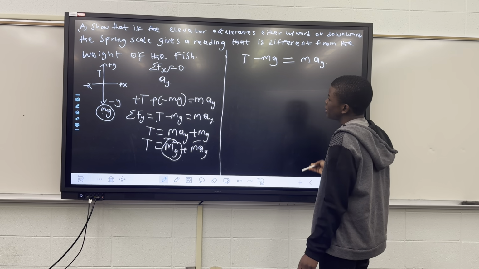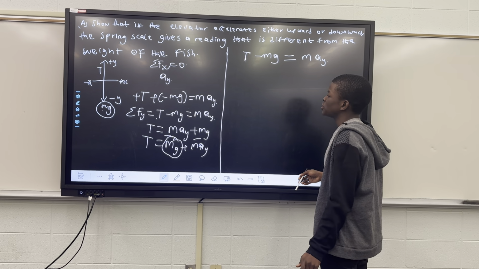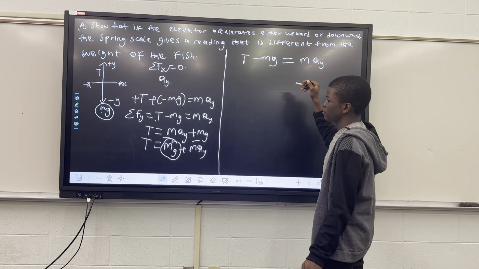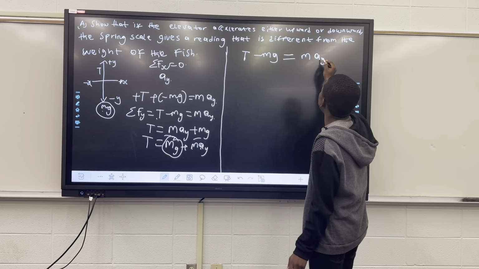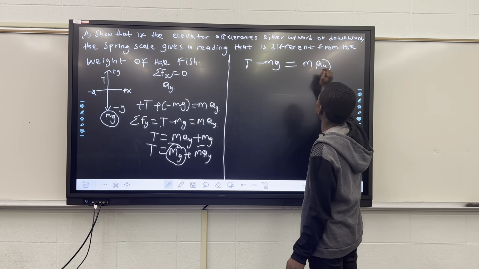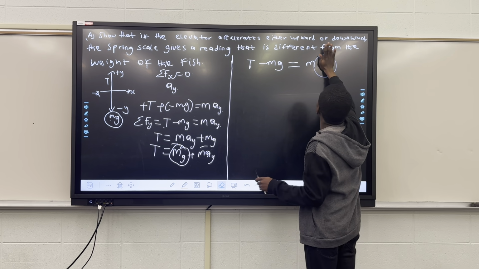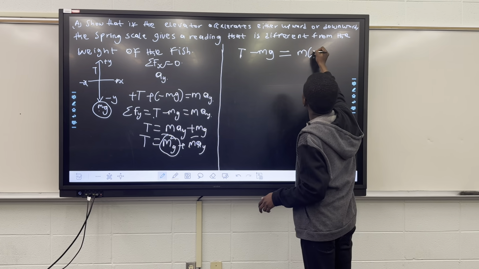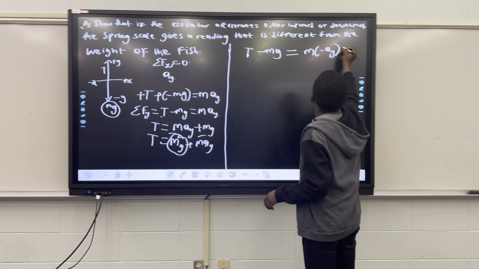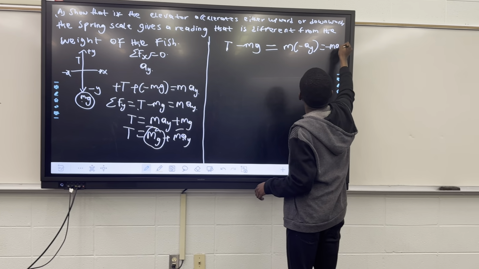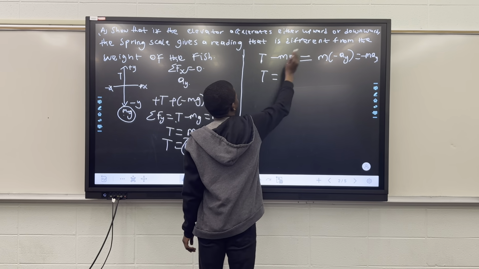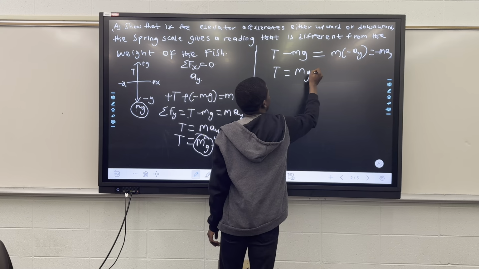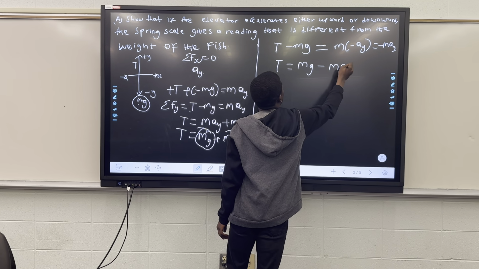But when it's going downwards, since upwards is our positive axis, downwards is going to be our negative axis. So the acceleration then will have a negative value. I can write mass times negative acceleration, and that will just be negative mass times acceleration. Then I'll just set things up as T equals mg minus may.